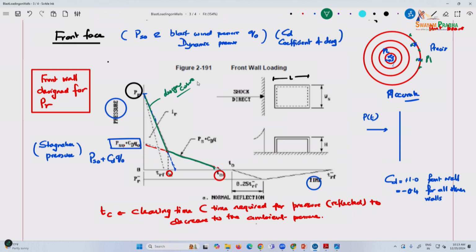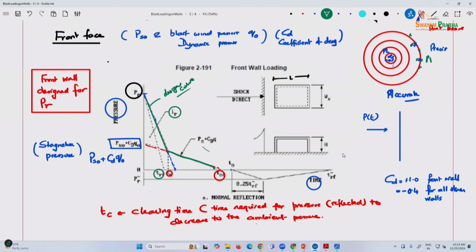We will see this is your reflected impulse that we talked about. The TRF, here they call it TRF, is the equivalent time for the loading, and here you see the positive phase. The negative phase starts with T naught, and remember the Friedlander curve will follow and go through T naught and come up.